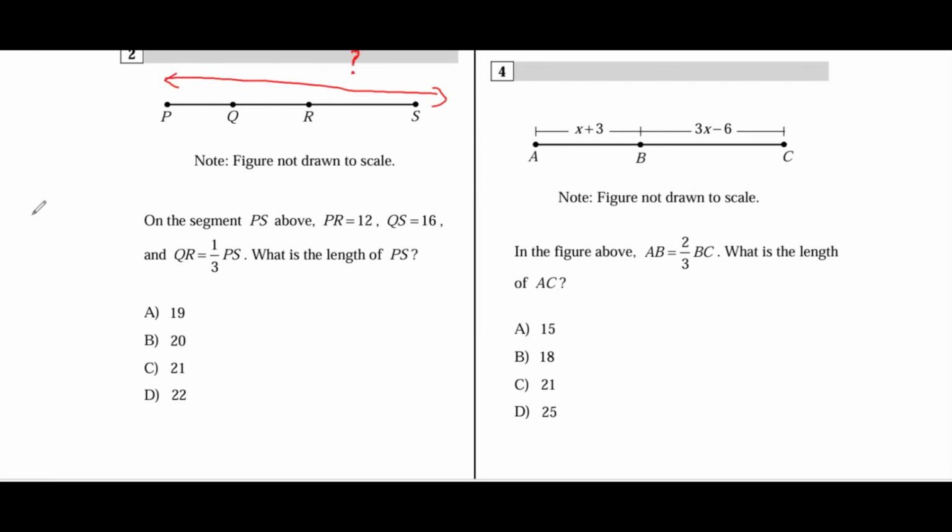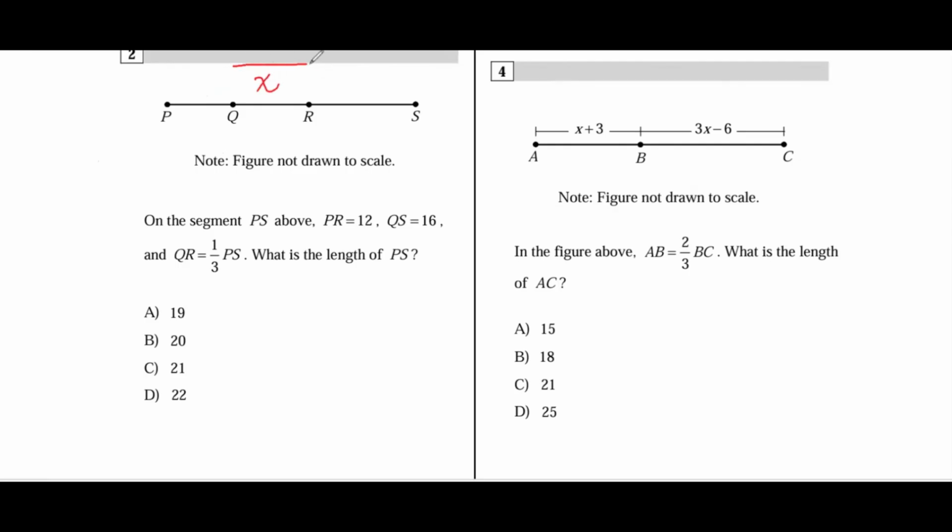First of all, suppose that you are given the length of PR, am I right? And you are given the length of QS. Suppose that the length of QR is equal to x. So this length QR is equal to x.